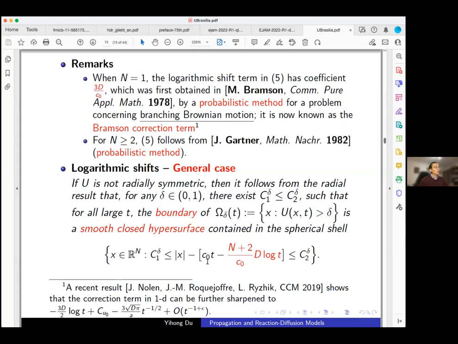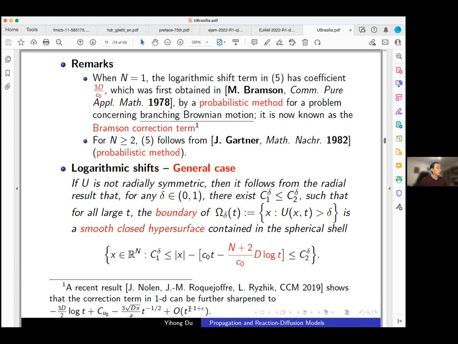So the main term is C0 T, but there's a correction term, a log T term. So when you look at a large T, this is a perturbation term. This is the main term.